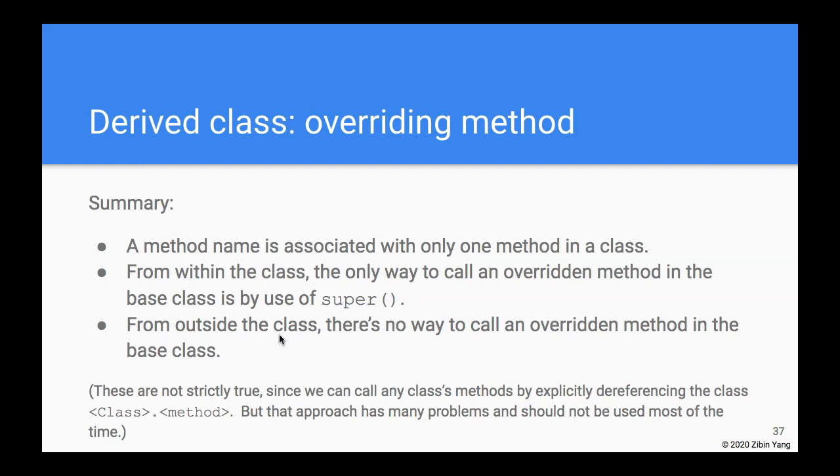The third point is that if we're outside the class, there's really no way to call an overridden method in the base class, because we would be calling the method in the derived class, since that is the last method definition for that particular name.